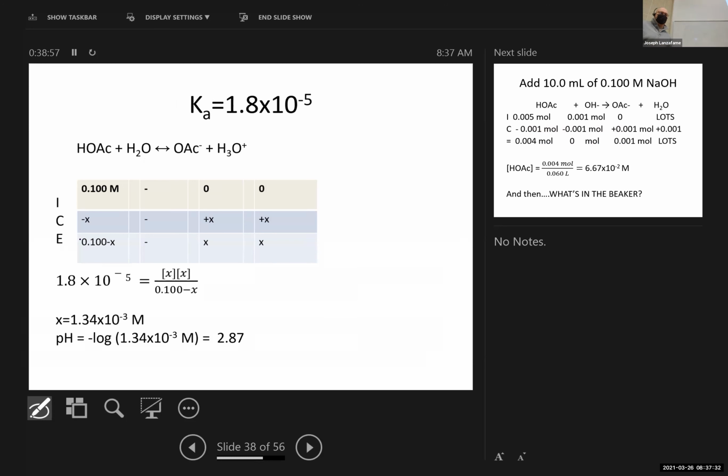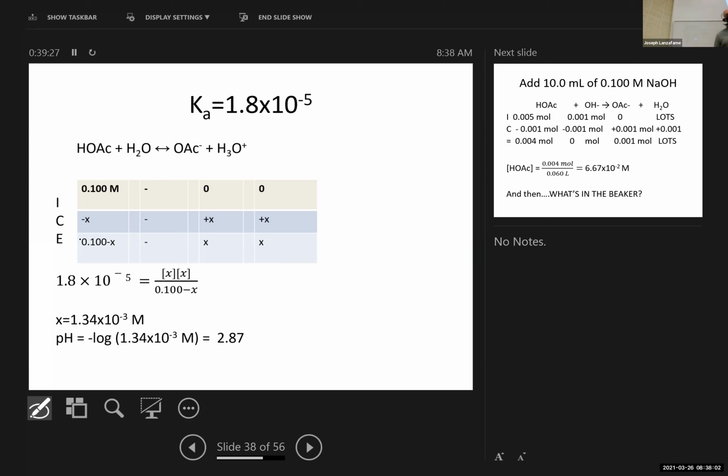My assumption here works. This, in fact, again, is our very first acid problem, 0.1 molar acetic acid. So assume X is small, cross multiply and take the square root. I have a pH of 2.87. You might notice right off the bat, it was the same concentration of acid, but for the weak acid the pH is going to start higher because I don't get complete dissociation of my weak acid.